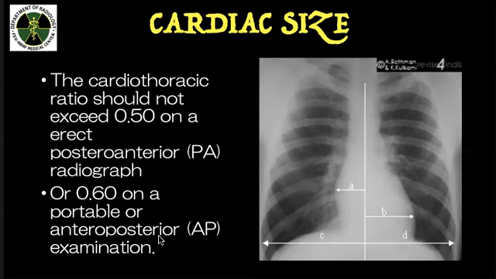Because in an AP radiograph, there is some degree of magnification of the heart, that's why it is adjusted to 0.60. So again, 0.50 in PA and 0.60 in AP. You divide the widest transverse diameter of the heart by the widest transverse diameter of the thorax.